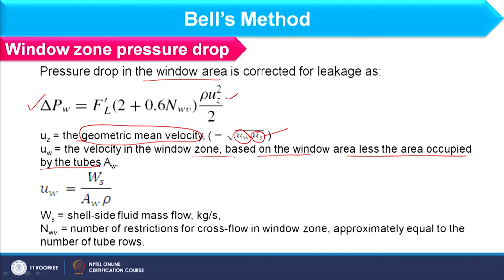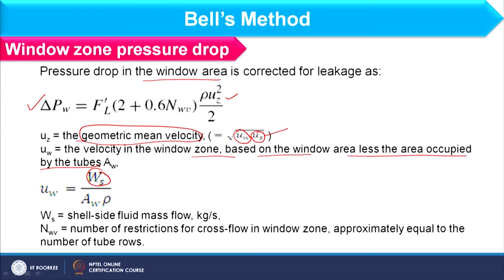So, what is uz? uz will depend on the area which is available for fluid to move in the window zone. That you can find out by considering window zone area minus the area occupied by the tubes in the window zone.